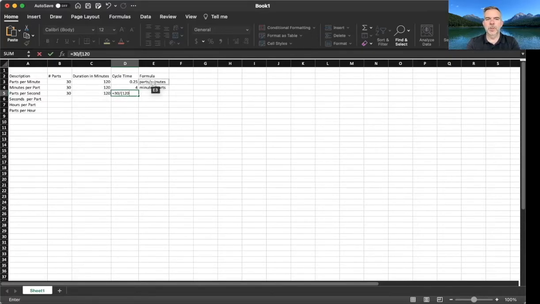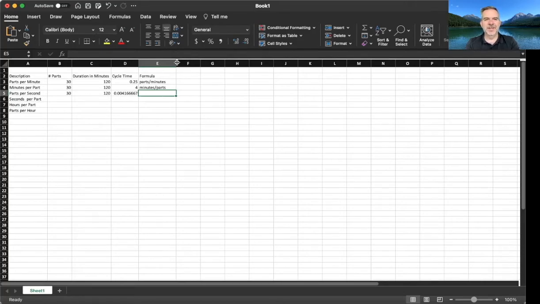So how do we do that? We take 120 minutes and multiply it by 60 seconds per minute, and we get 0.0041 parts per second. Not super valuable. It's a little precise there, but we're dividing parts by, in this case, minutes times 60. And I put some parentheses around there, even though I think order of operations will take care of that for us.